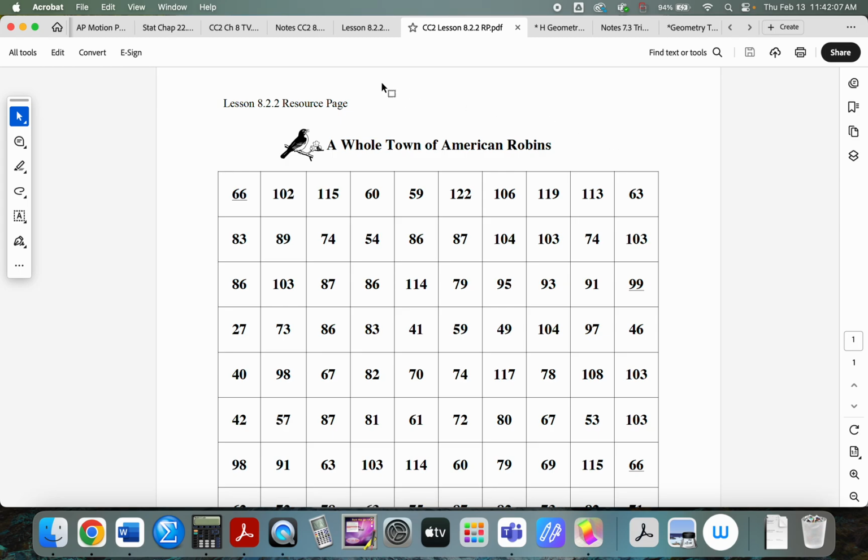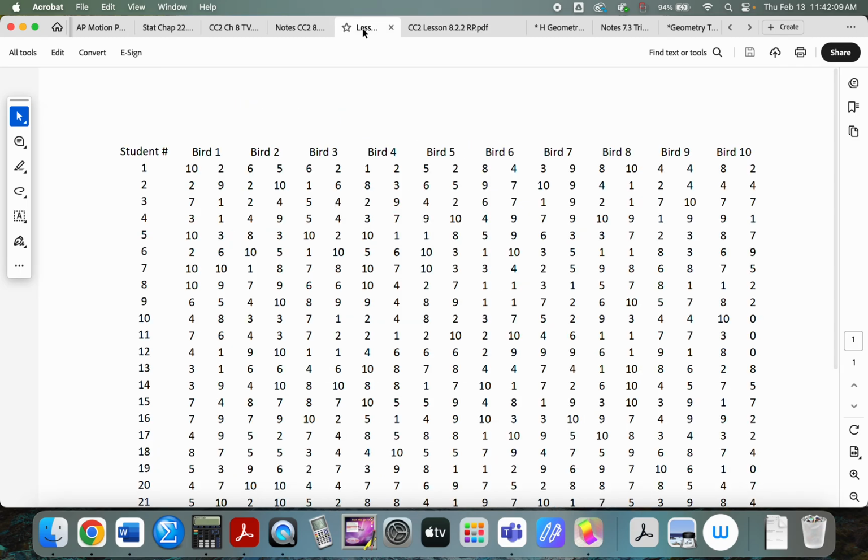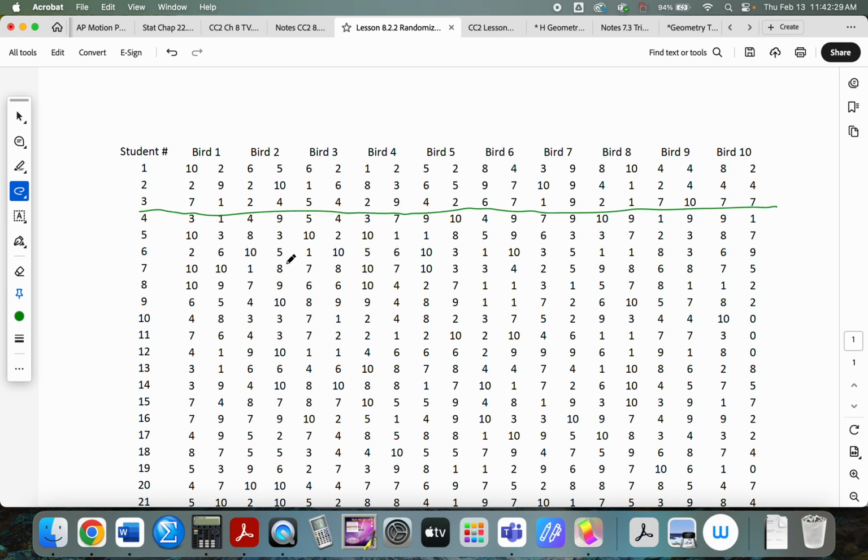All right. The other sheet of paper you're going to get is going to be this one. Now, don't freak out. So I'm going to show you. Your student number is going to be the number on your desk. So I'm going to show you for desk 3, since no one's sitting there.